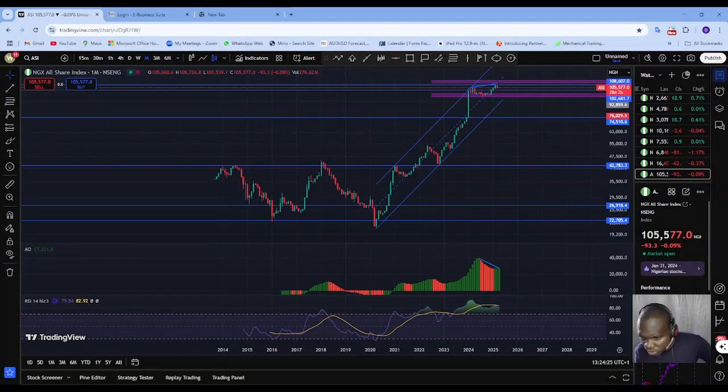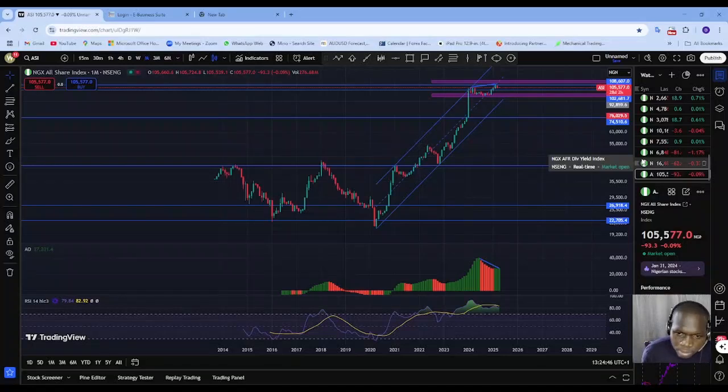For 6 months, the market made 8.75%. For 3 months, that's 2.56%. But on the monthly, the market lost, and the week has just started, and the market has already lost 0.03. But does it mean that there's not going to be opportunity in the month of April?